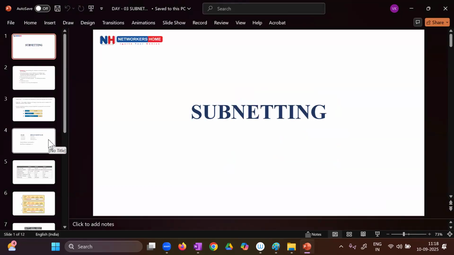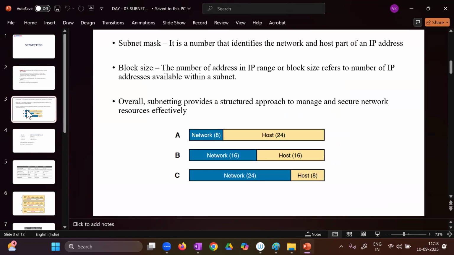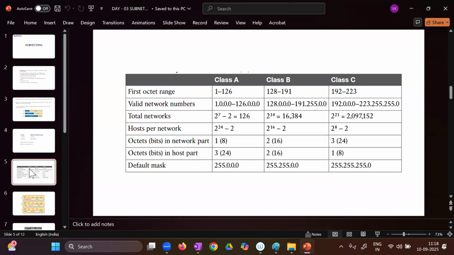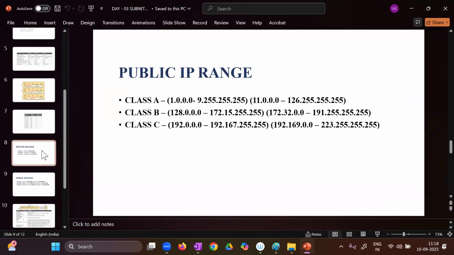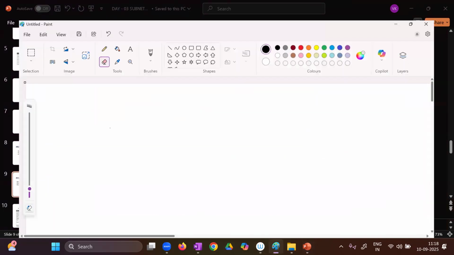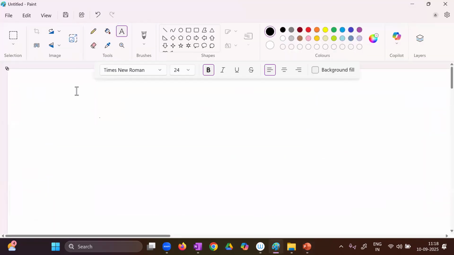So next, before coming to the submitting part, first we will understand the differences between private and public IP. Let's write first. First we will write here public IP. Who gives this public IP?